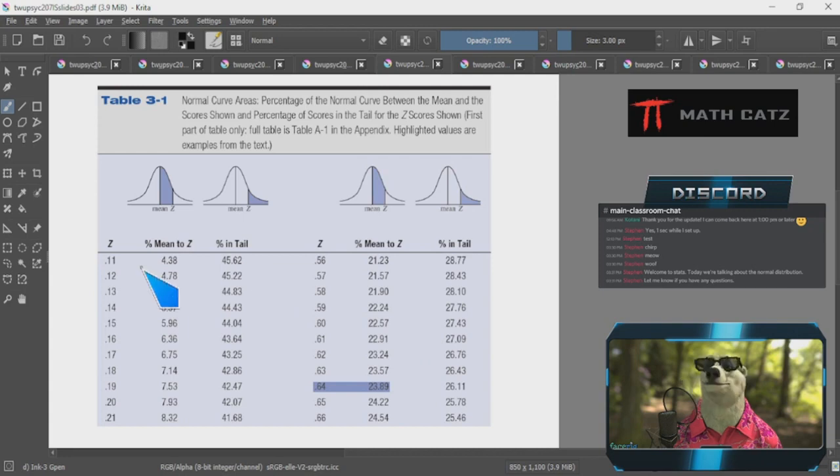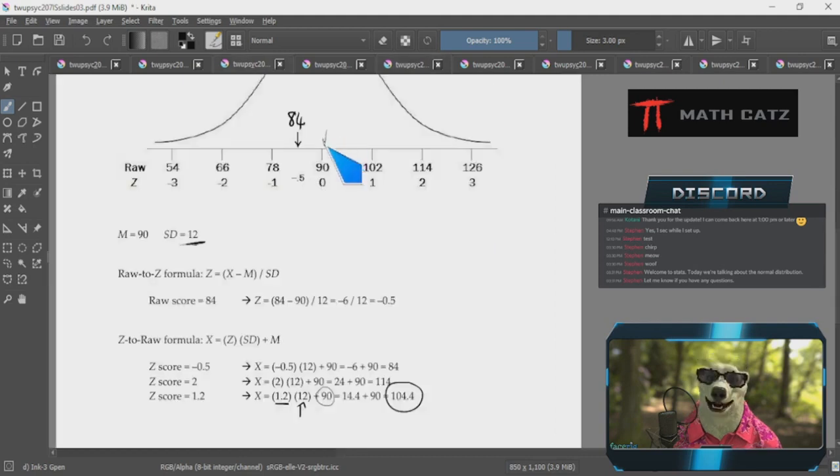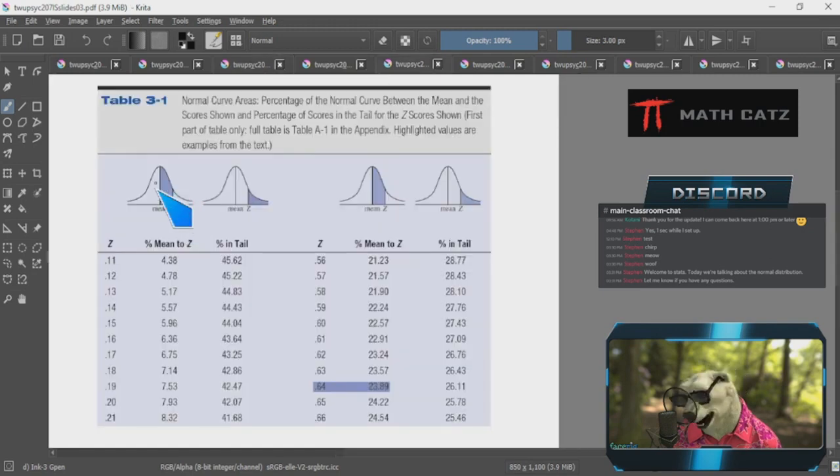A z-score of 0.11 means that it sits, remember, if I look at an example like this, a z-score of 0.11 will be right there, just beyond the mean. So this percentage over here is a very little sliver, capturing 4.38% between the mean and where that score sits.